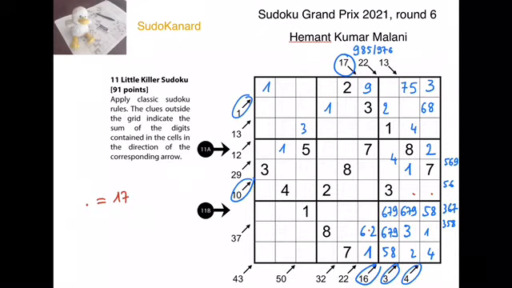Okay, so there has to be a 6 here. But how would a 2 work here with this 32? And could it work at all? If I make this a 2, oh yes, it would work.